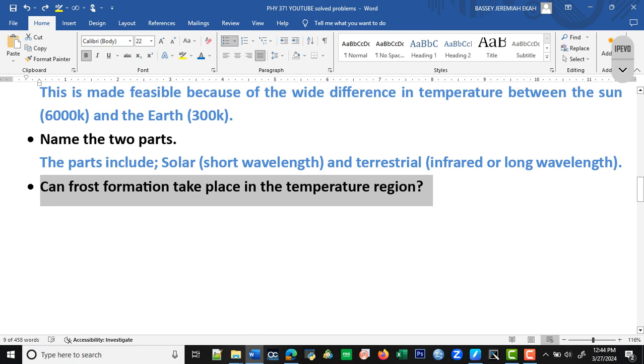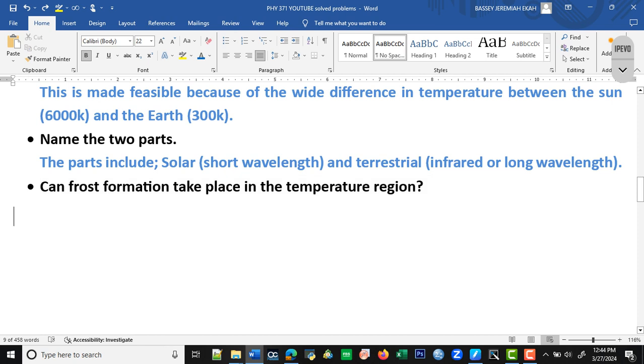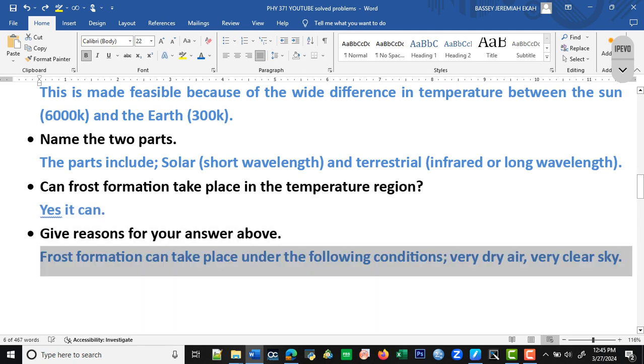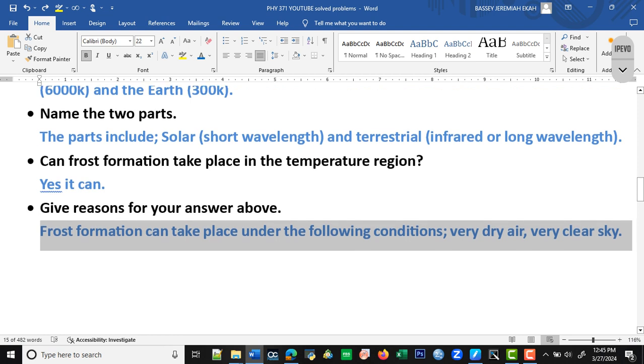So the question is if frost formation can take place in this region of the earth. The solution, yes, it can. And the reason is that frost formation can take place under very dry air and very dry sky. So the air has to be dry and the sky has to be clear.